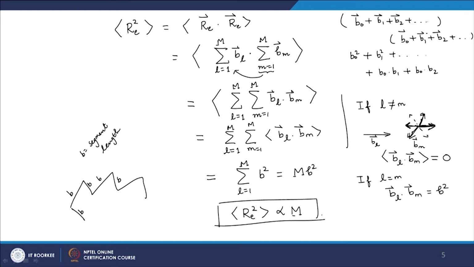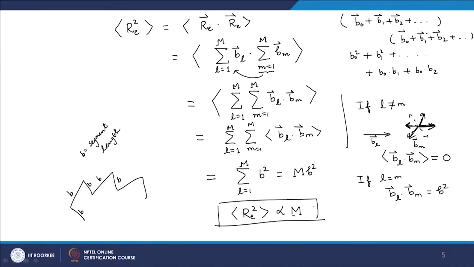And now, since we said that I am replacing a certain number of carbons by a segment, if the number of carbons increases, the number of segments also increases. So, what it really means is, just like I can say the mean R_E square is proportional to M, it also means the mean R_E square is proportional to N, where N is the number of repeat units, since N by M is some constant.